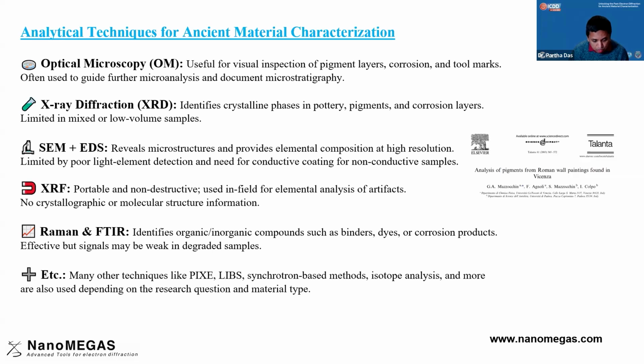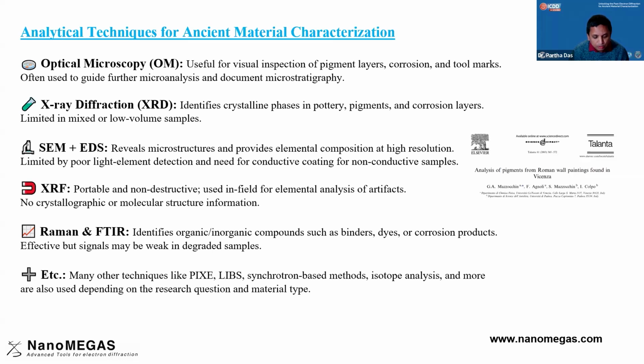Portable XRF is also used extensively in ancient material characterization. It's very fast and non-destructive, but the problem is it does not give much structural data. Raman and FTIR are also used extensively. They are used for dye and binder characterization, but signals become weak as soon as they are used on degraded materials.